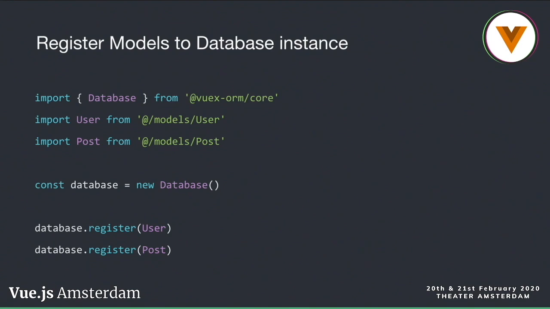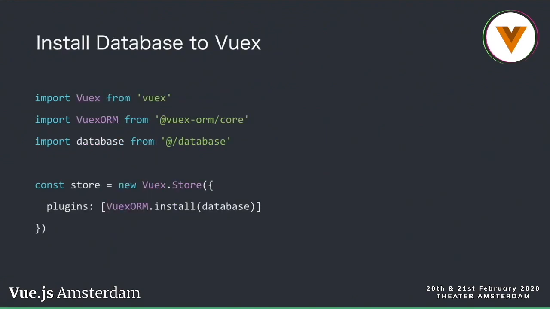You can register as many models as you want. And finally, you install this database instance to Vuex. To do that, just create a new Vuex store and pass the Vuex ORM install method as a plugin option. Now you're ready to use Vuex ORM in your Vue component.